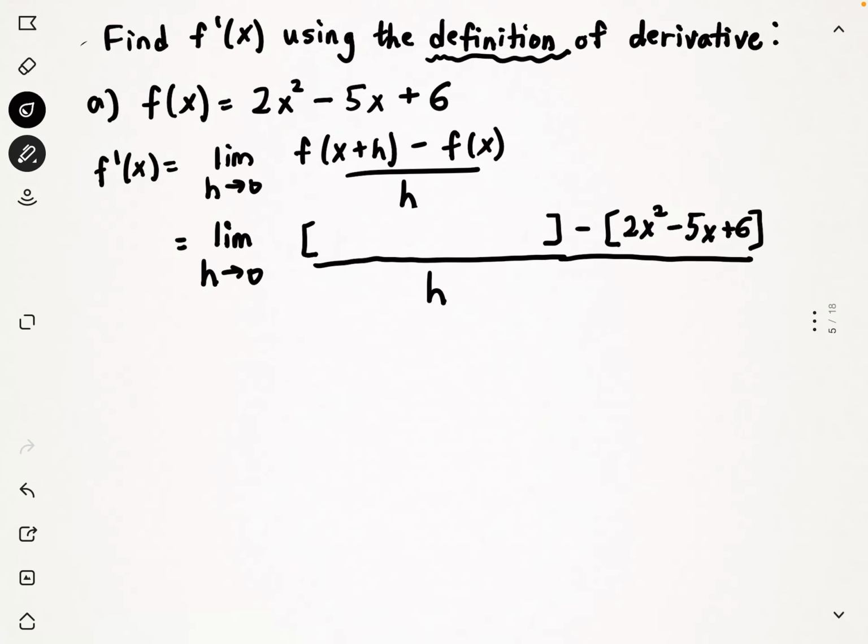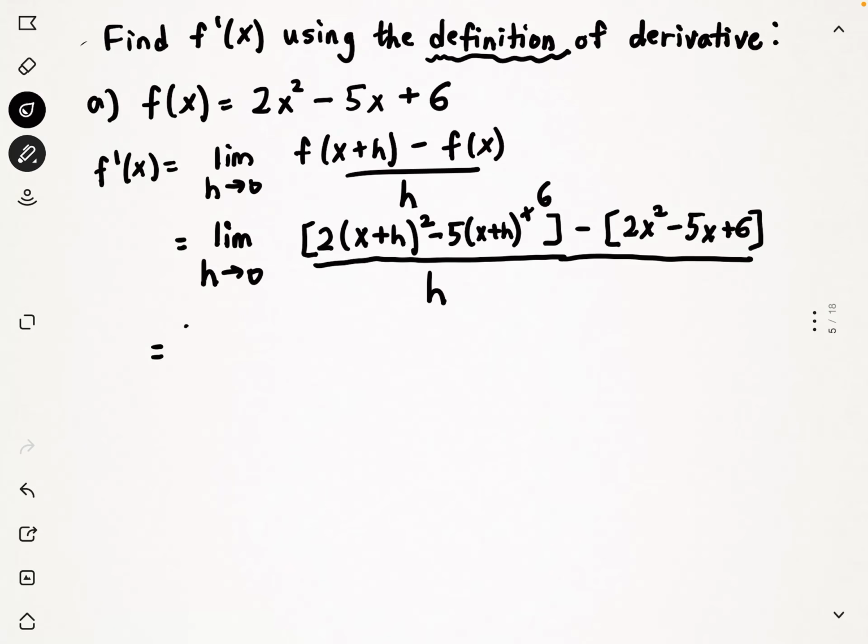So this is going to look like this: 2, and in place of x, I have to write x plus h. So 2x squared is now 2(x plus h) squared minus 5(x plus h) plus 6. So it's the same equation that's on the right, except that in place of the x's, you're going to put in x plus h. Then we have to do a whole bunch of algebra to try to simplify the numerator.